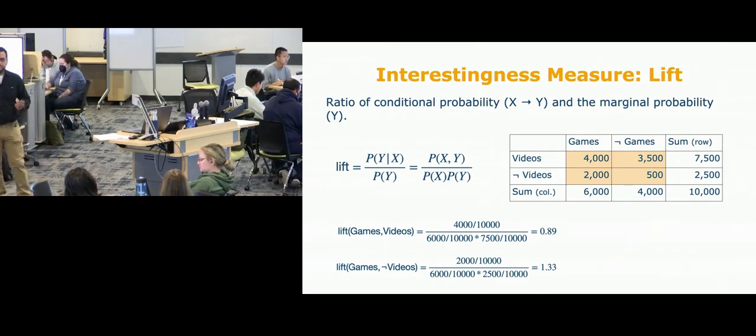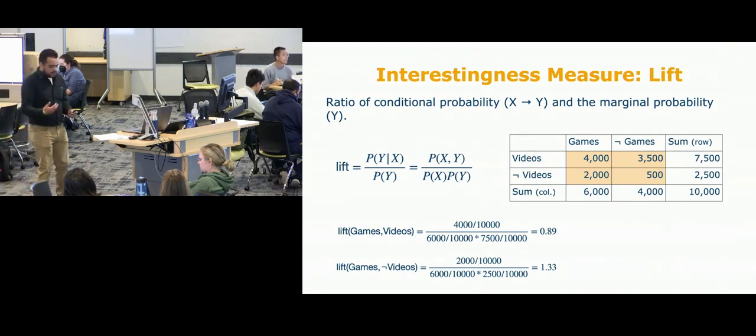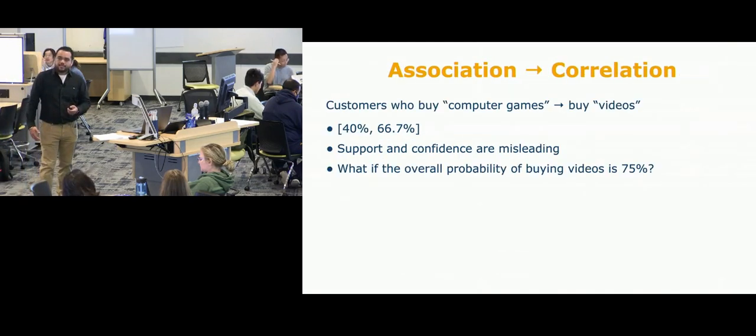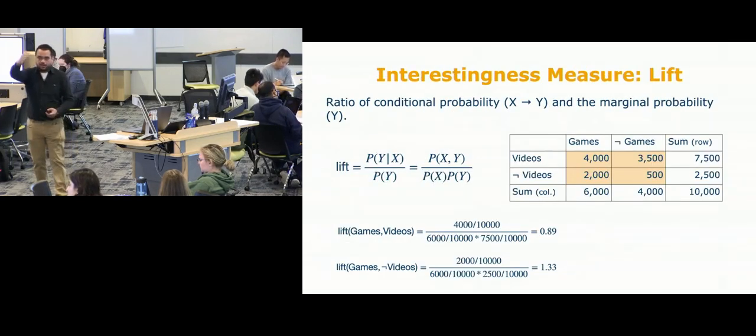Lift is just the ratio of the conditional probability and the marginal probability of y, right? The marginal probability of y was, when I said 75%, the overall probability of buying. So basically, that's just P of y, and that's what we are dividing by here in the lift.